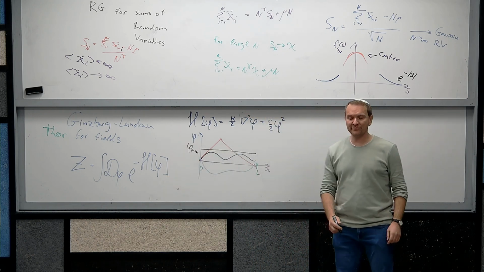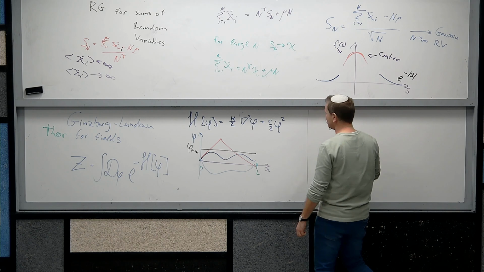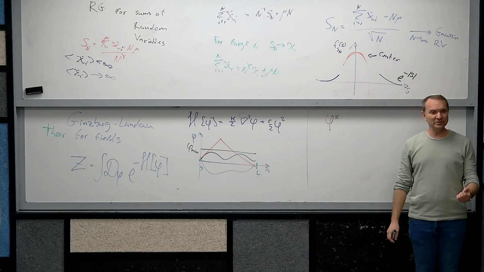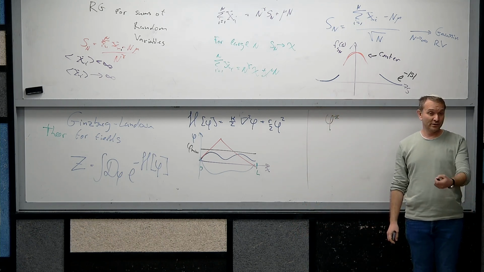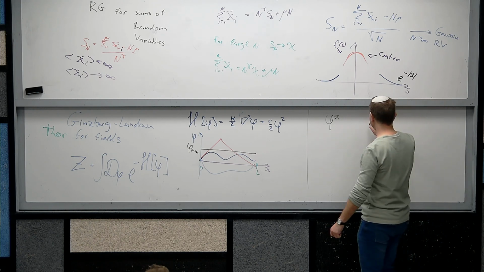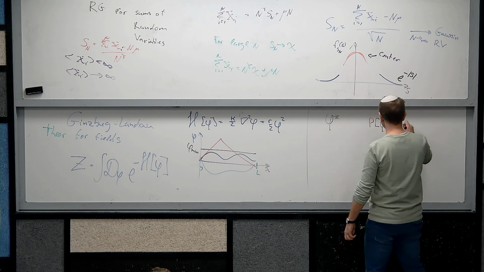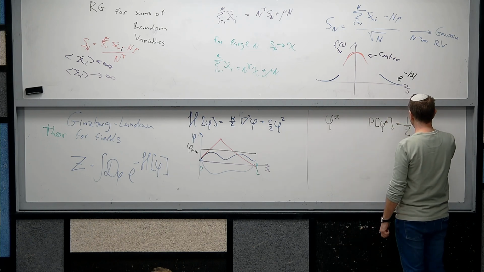So the moment that I've taken phi, let's take phi star, for example, the probability to observe the specific representation phi star is going to be 1 over Z e to the power minus H of phi.